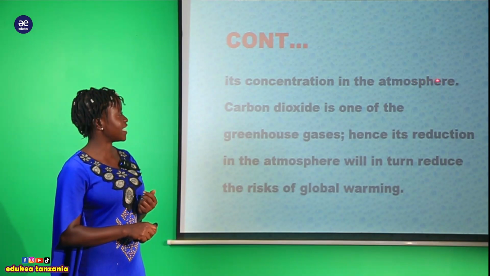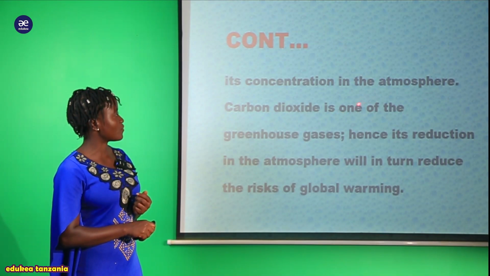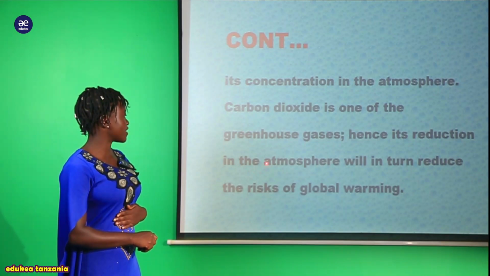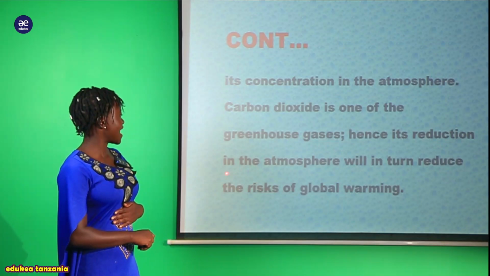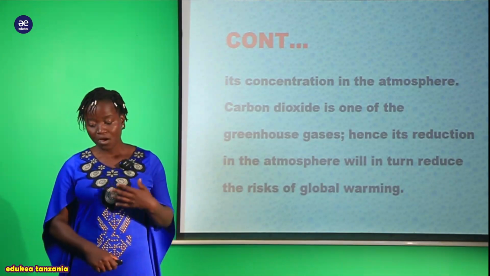So also we can say that it's concentrated in the atmosphere. So carbon dioxide is one of the greenhouse gases. Hence, its reduction in the atmosphere will in turn reduce the risk of global warming.